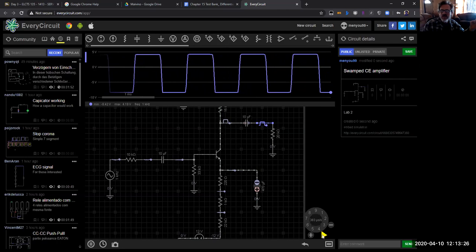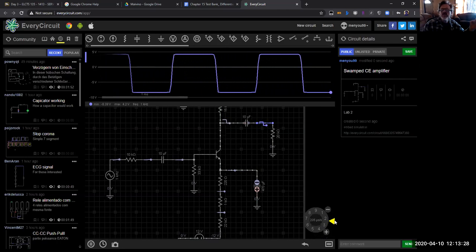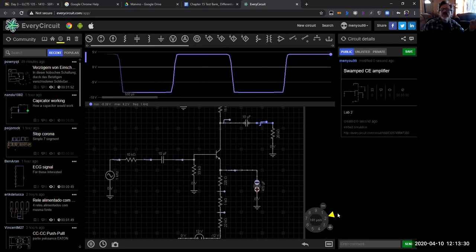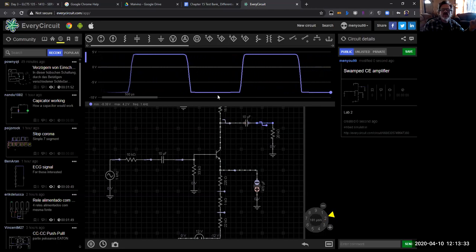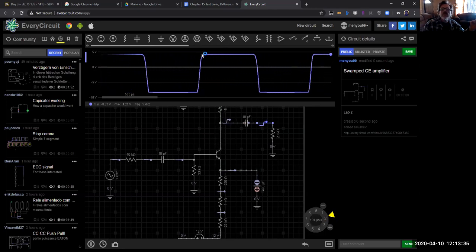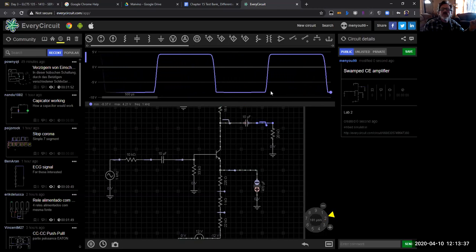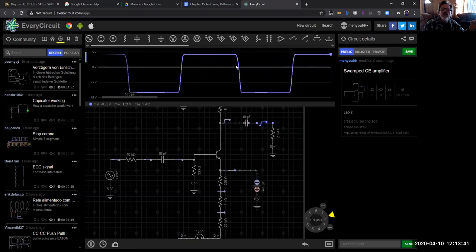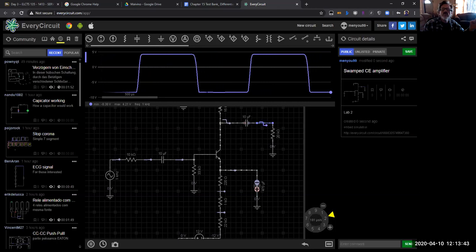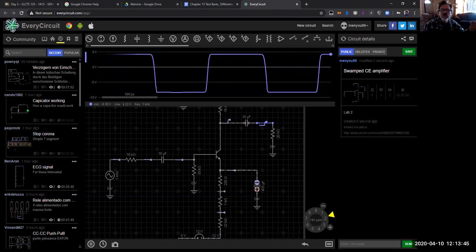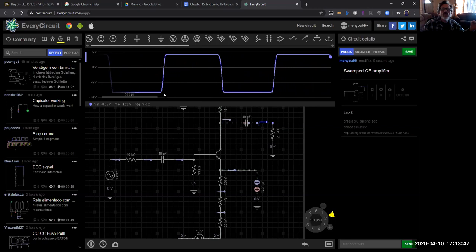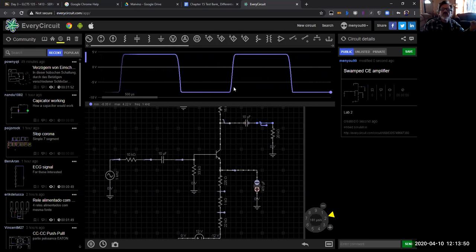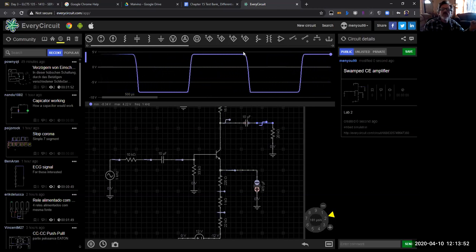Let's change our period and draw this out a little bit so we can see our waveform all together. Now notice on the rise and the run here, there's a slight amount, this is not a smooth sinusoidal, if you will. So you're still getting some distortion happening here.